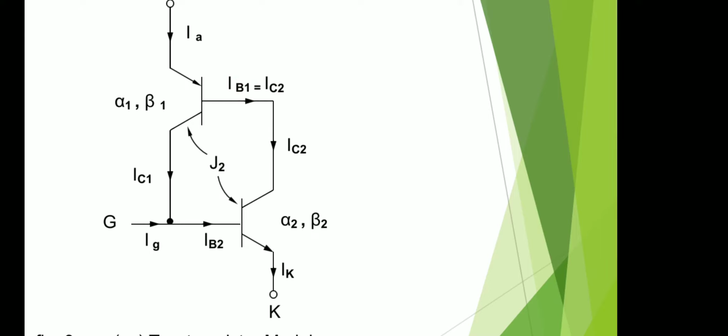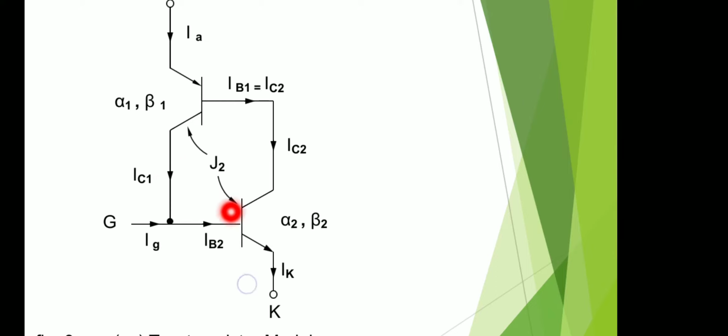That means whenever variations occur, suppose the gate current, the input current of T2, is increased, then the collector current of T2 increases. It is connected to the base of the T1 transistor, that means input current of T1 varies, so obviously the output current of T1 also varies.